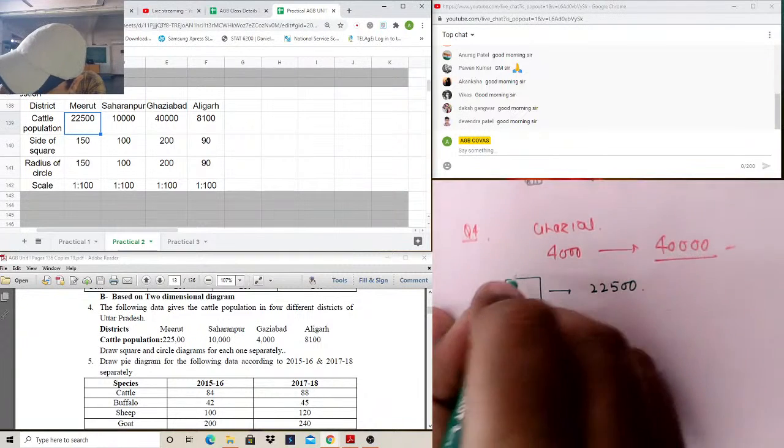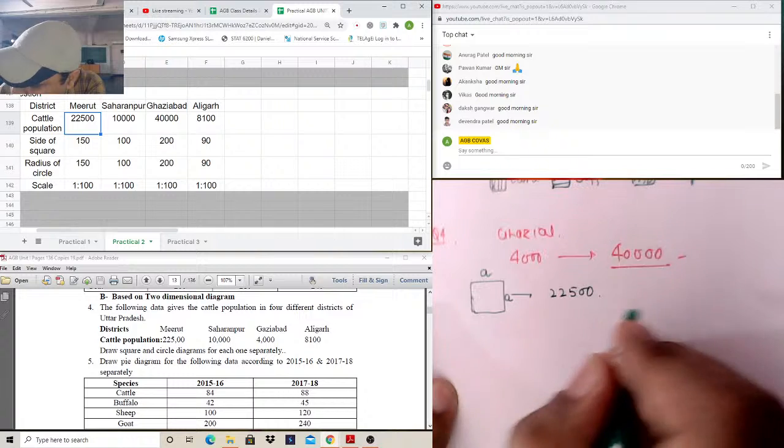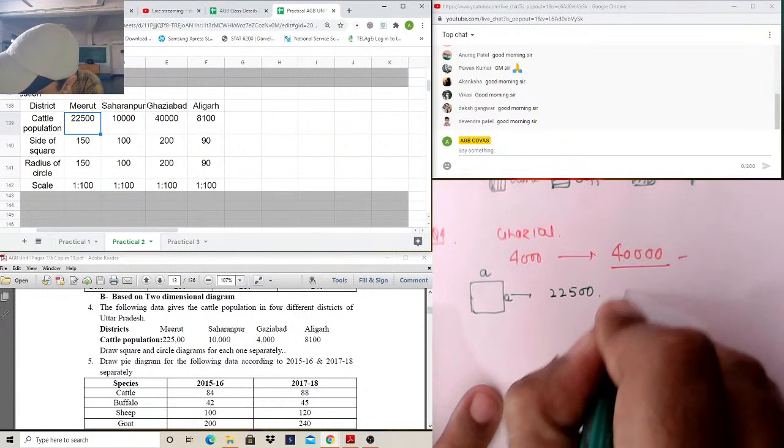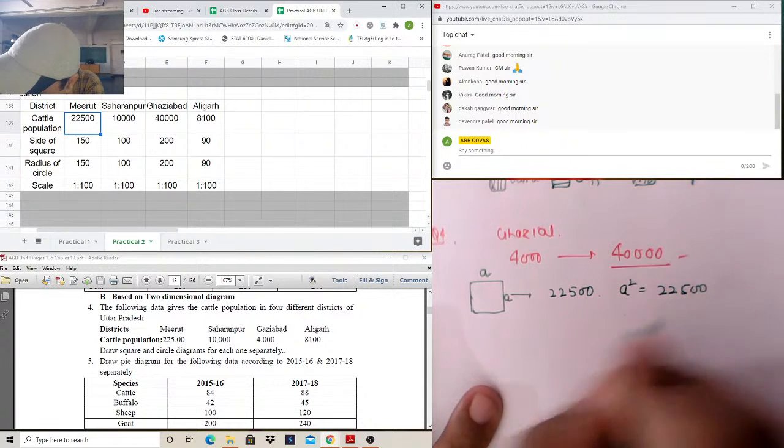22,500, then if A is the side of this square, then we can say that A square is equal to 22,500.